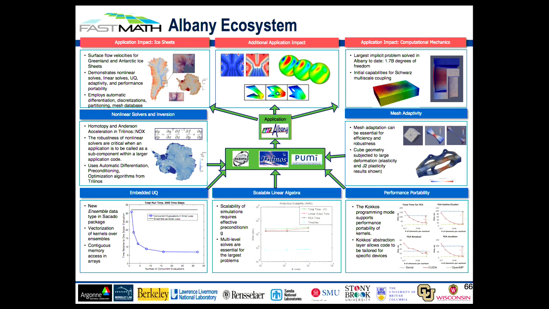On the top row, you can see different applications. So from the ice sheet, there are things that we'll introduce later. And then quantum devices design and atmosphere and topological optimization. And then on the right, we have computational mechanics.